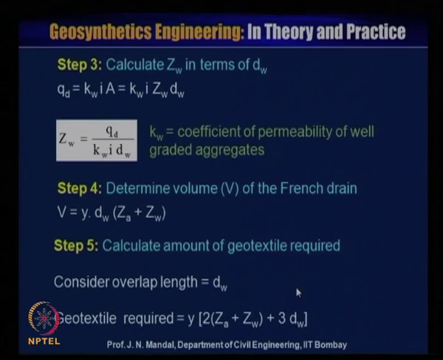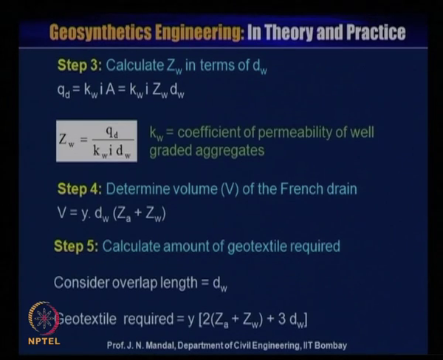Now step 3, calculate ZW in terms of dW. You know this equation, QD is equal to KW into I into A, that is dW into ZW, where KW is the coefficient of permeability of the well graded aggregate.